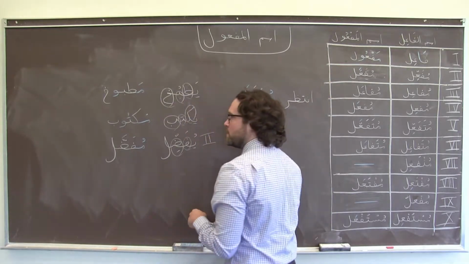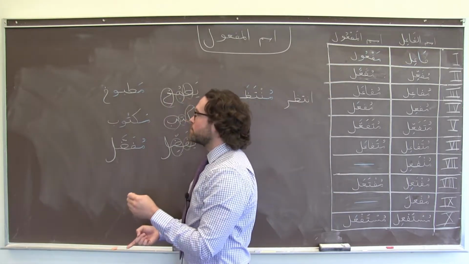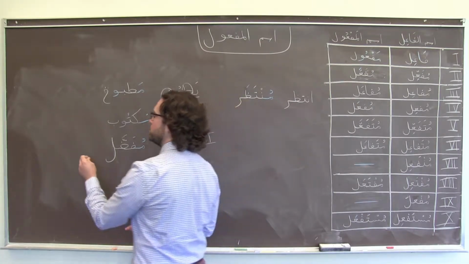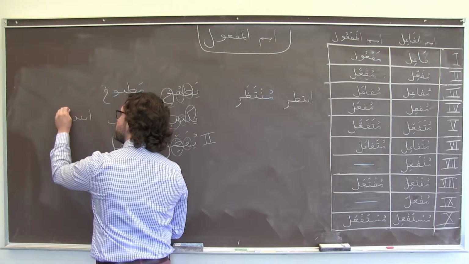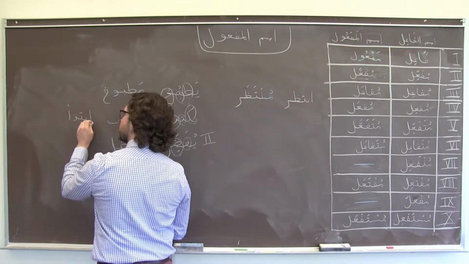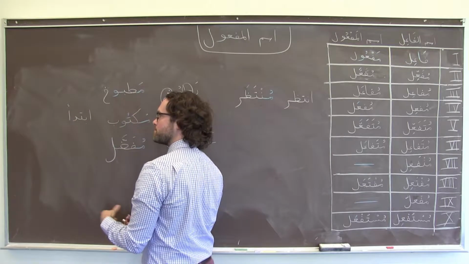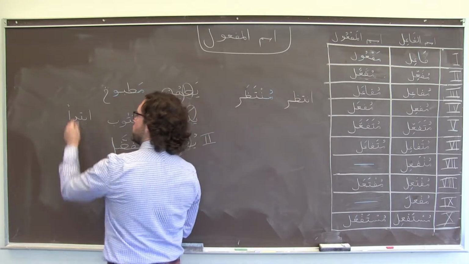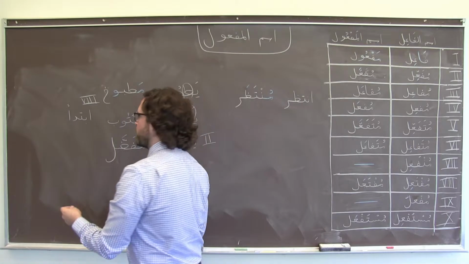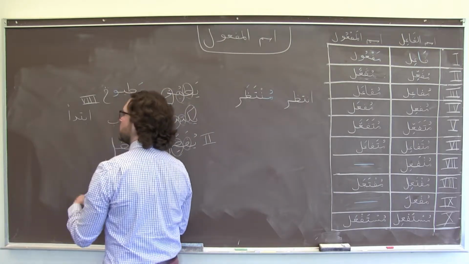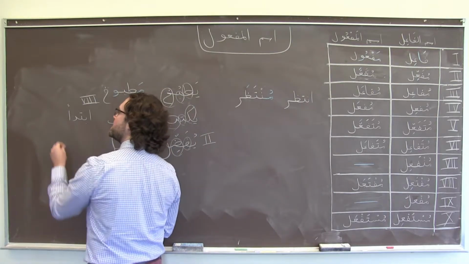So a word that you may have heard me say before comes from the verb ibtada'a, meaning to begin, and that's a form 8 verb. So if we put it into ism al-maf'ul, we get a word that means kind of place of beginning.